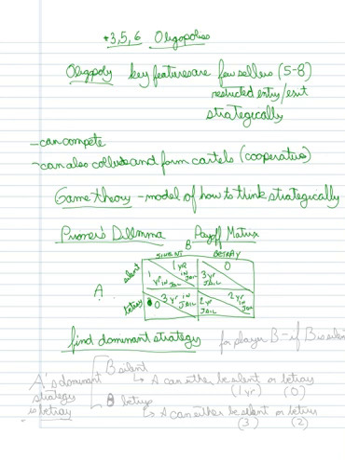So in this case, if B decided to stay silent, then what would they prefer? Would they prefer to spend 1 year in jail or 3 years in jail?